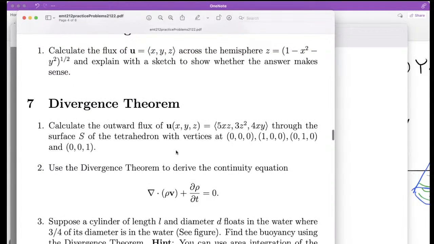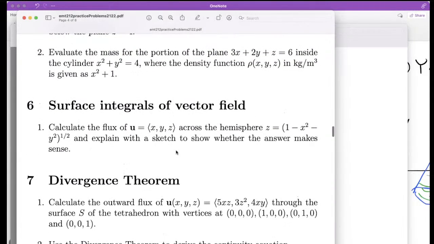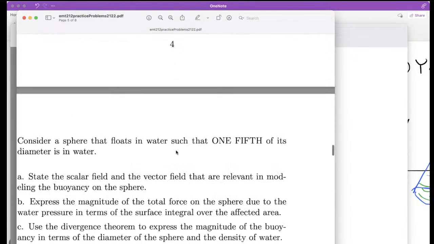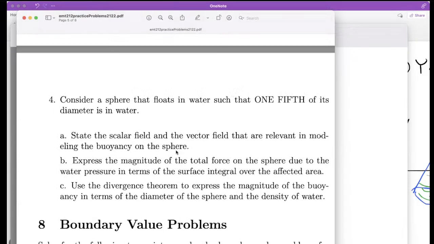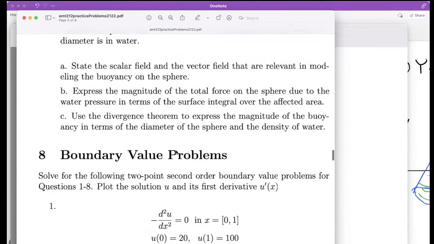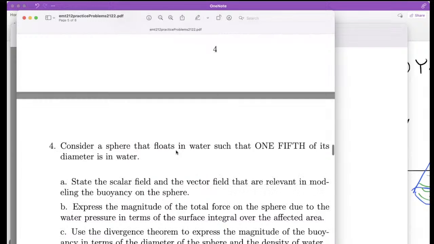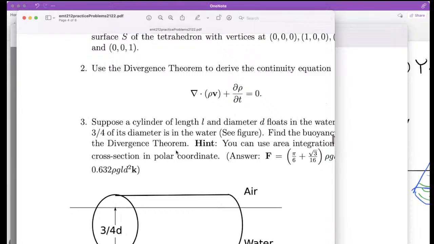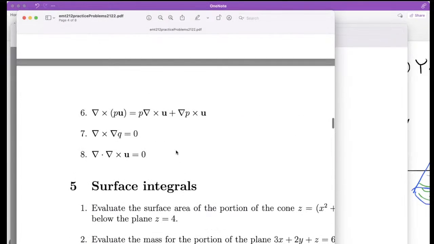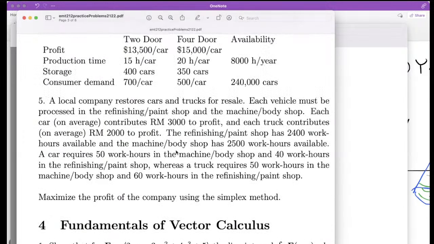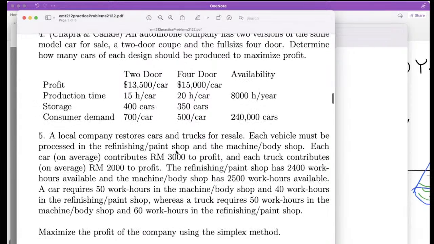Some of them have no answer, but you can verify the answer, and you can also ask me to verify it.